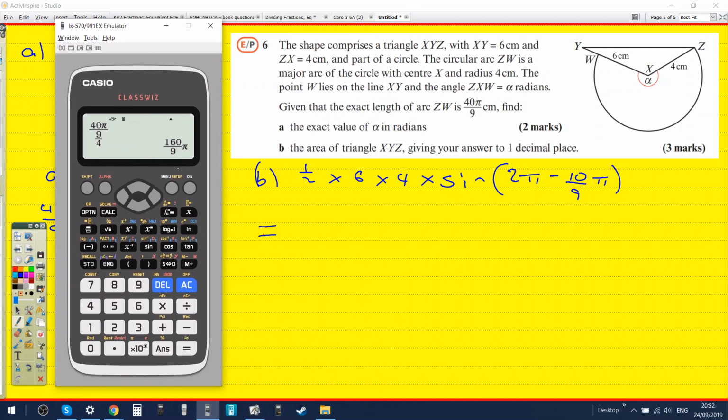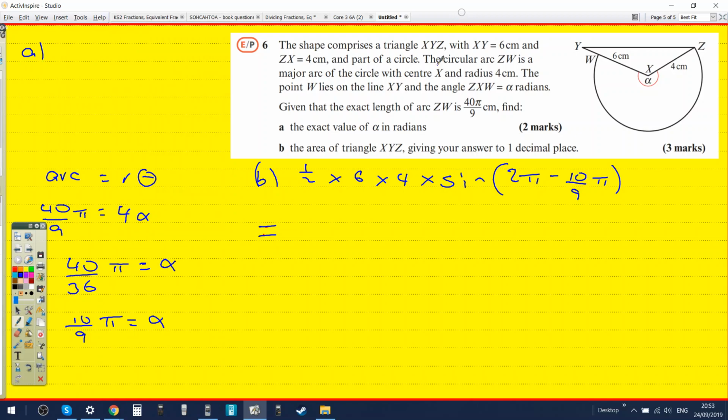So it's giving us a different thing. Let me just check. Oh, it's because I divided by pi as well. Yeah, 4.1. Okay, that's 4.1 centimeters squared.